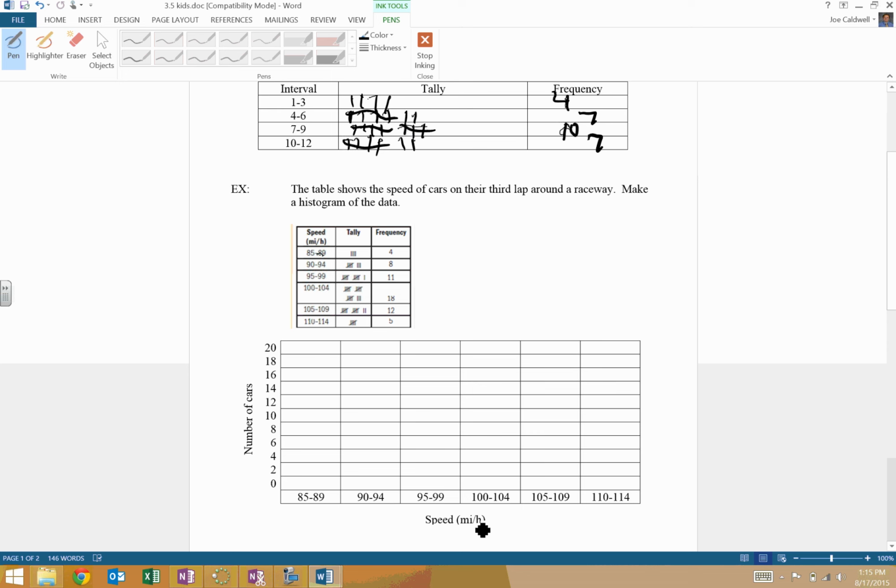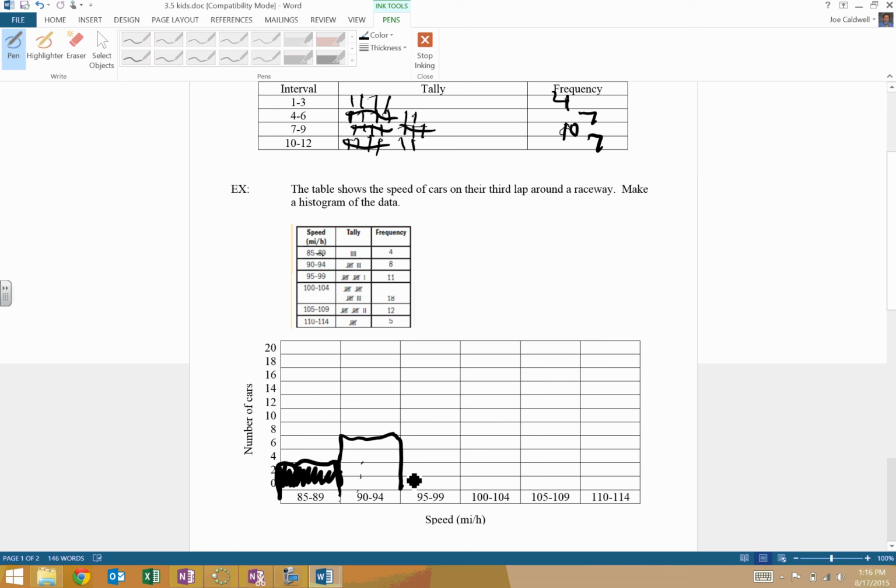So for 85 to 89, the number of cars that reached that speed was 4. So I'm going to make a bar graph, up to 4. There's my bar graph. 90 to 94 went up to 8, so 0, 2, 4, 6, 8. For 95 to 99, we have 11.